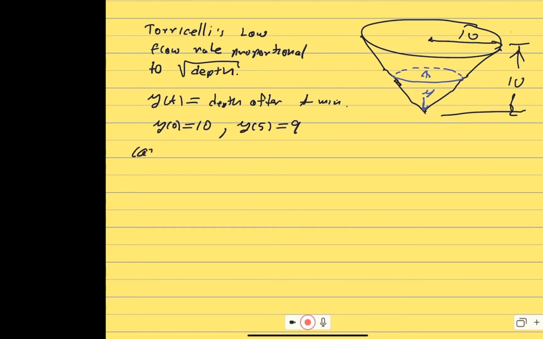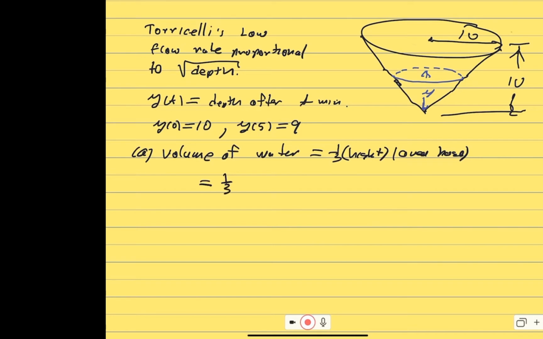So, the volume of water or whatever liquid we're working with. Well, the volume of a cone is 1/3 height times area of the base.